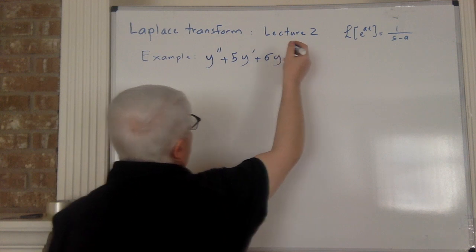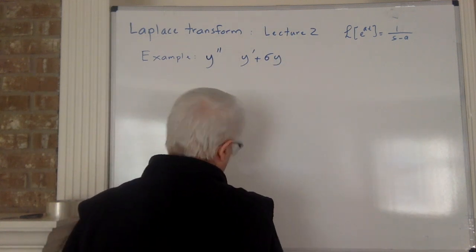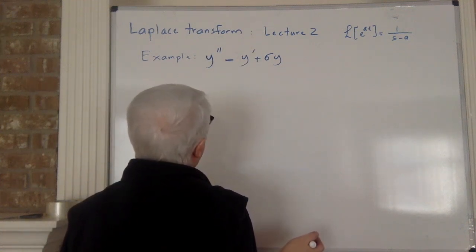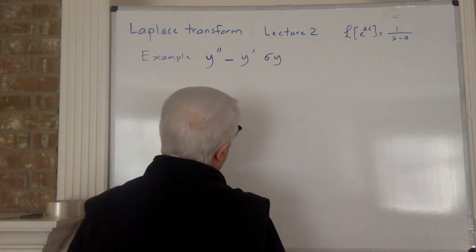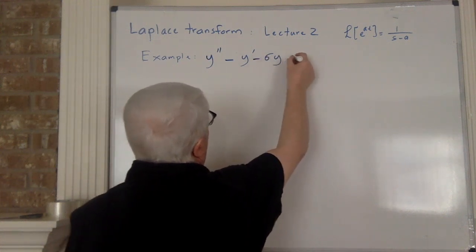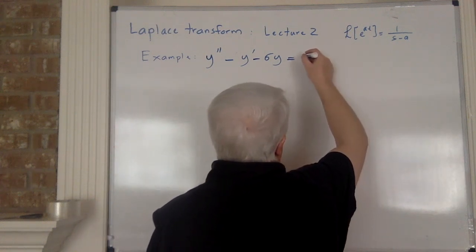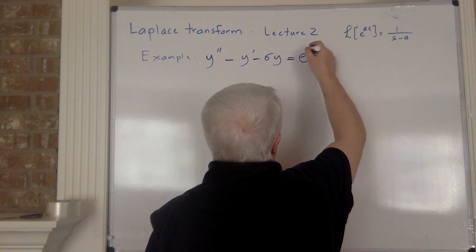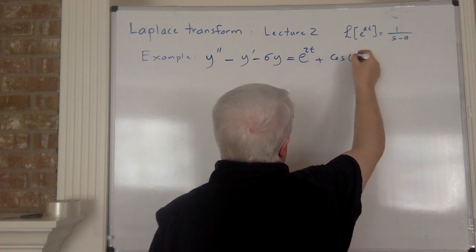Minus y prime minus 6y, and let's make it a little harder: e to the power 2t again plus cosine, say, 3t.